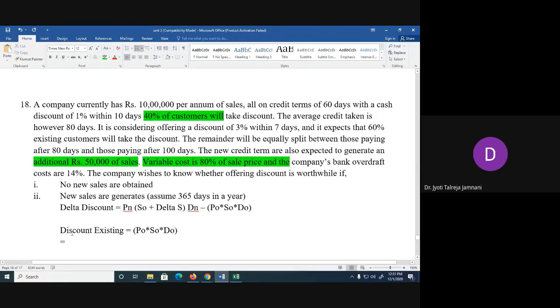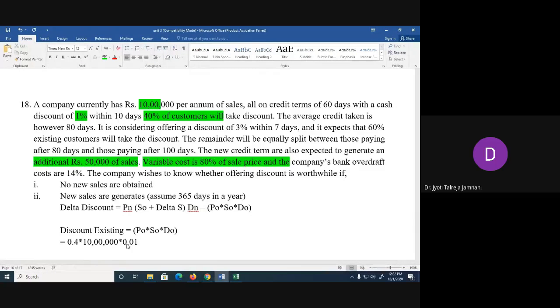So 0.4 into S naught, the existing sales, which is 10 lakh rupees, into D naught, that is existing discount, which is 1%, 0.01.